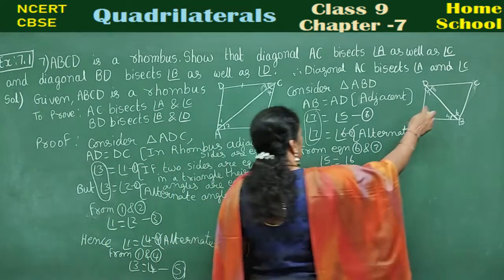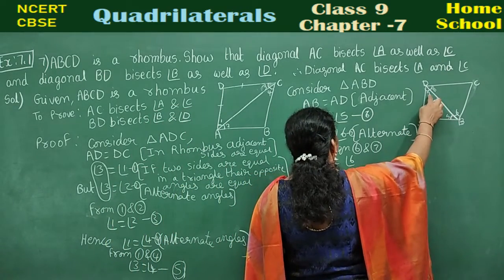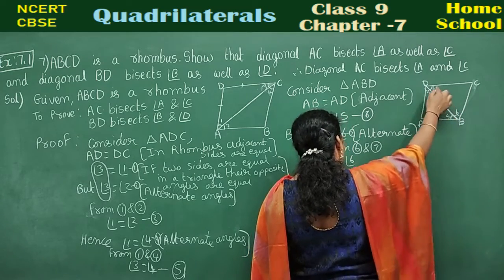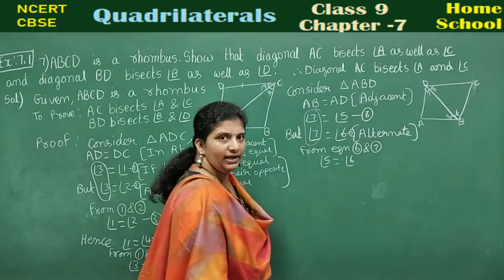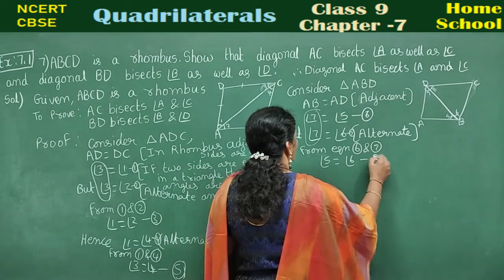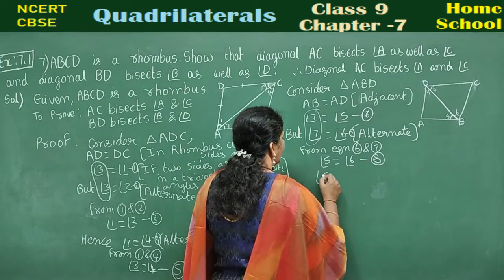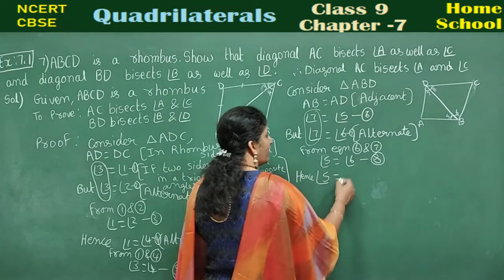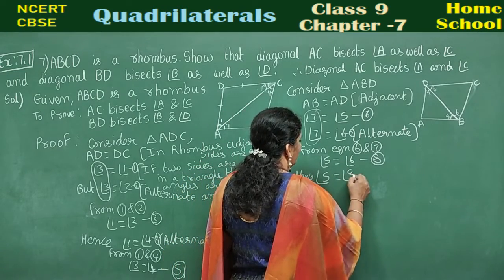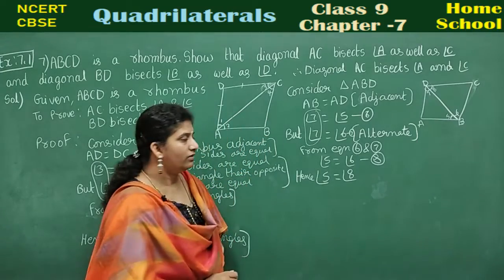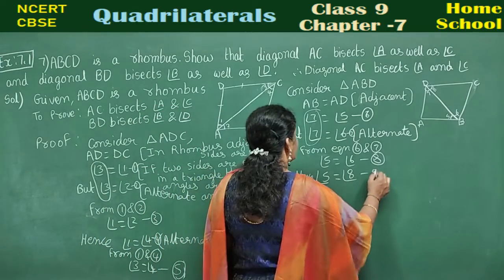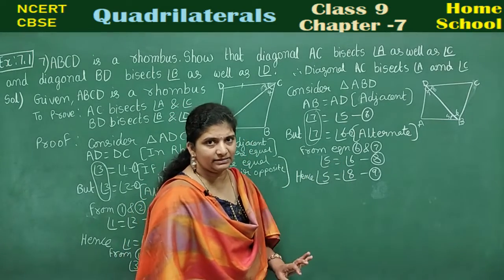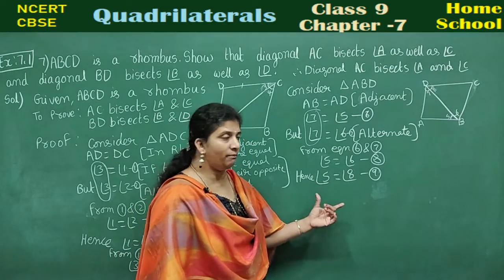Next one. Now, not only is angle 7 equal to angle 6, angle 5 is also alternate to angle 8. Write that one and mark this 8. Hence, we know that angle 5 is also equal to angle 8. But what did I say, children? Don't compare these two. If you compare, you won't get the answer. Which one you need to compare?